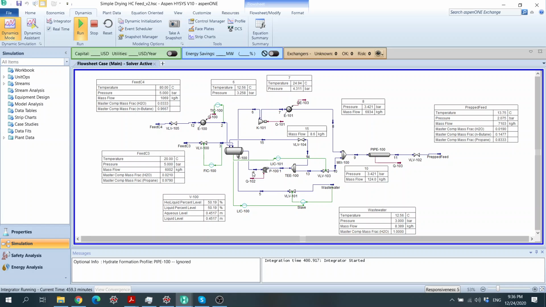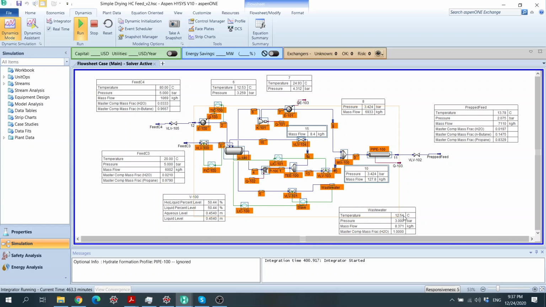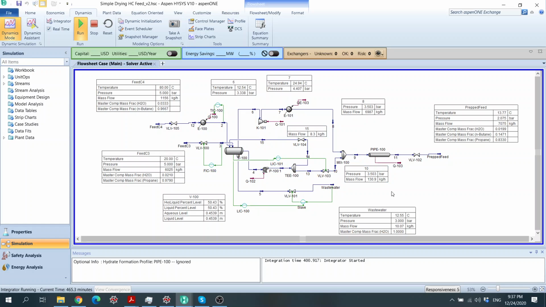And we also see now that if we don't have appropriate control schemes on the system that we are going to simulate, the system itself is not going to run well, so we see problems here and there.